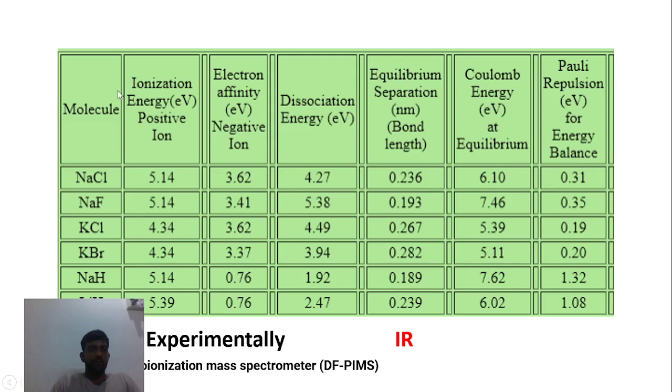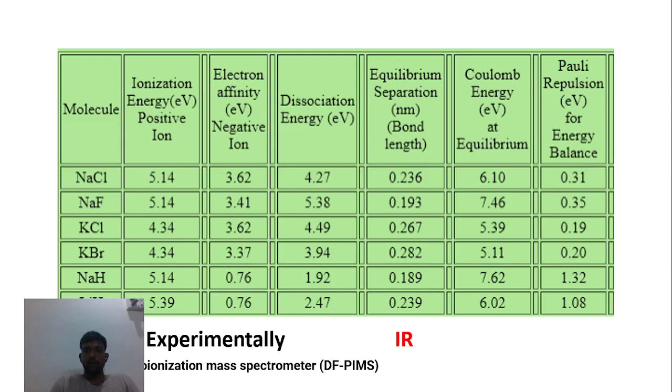Let's see, for sodium chloride it is around 0.3 electron volt. Sodium fluoride it is 0.35 electron volt. KCl it is very low, but for sodium hydride and lithium hydride the values are very high, quite comparable in energy to the electron affinity. So the value is very high, and we cannot neglect Pauli repulsion when modeling ionic bonds.